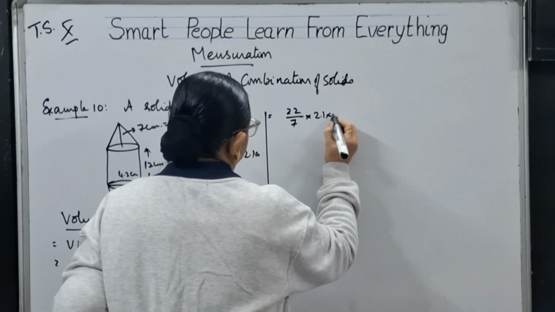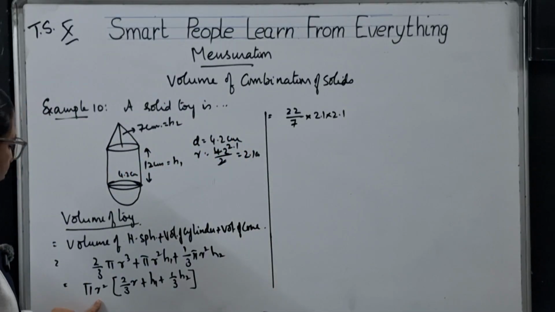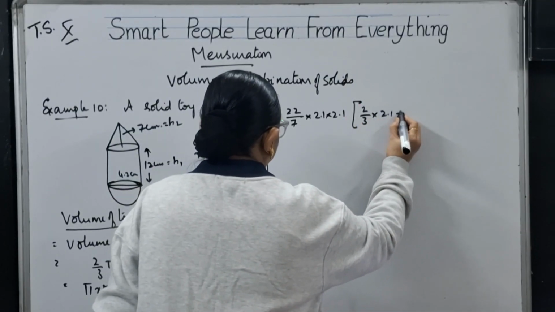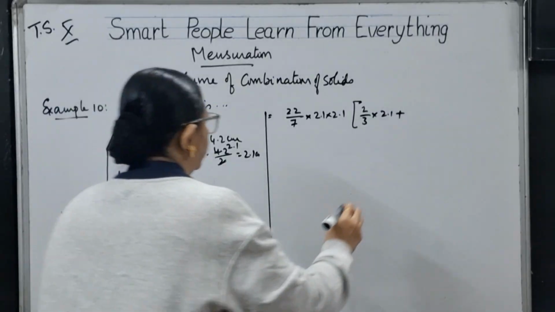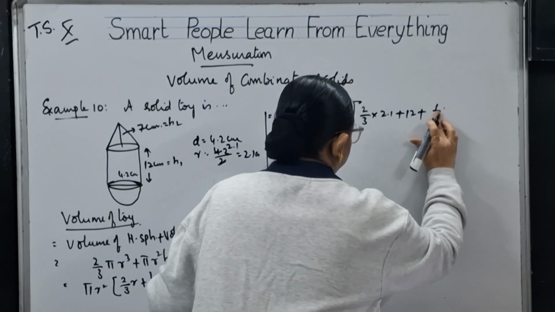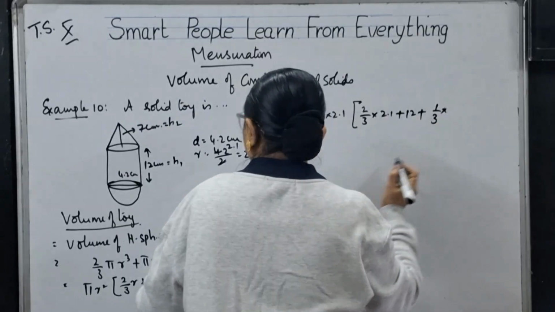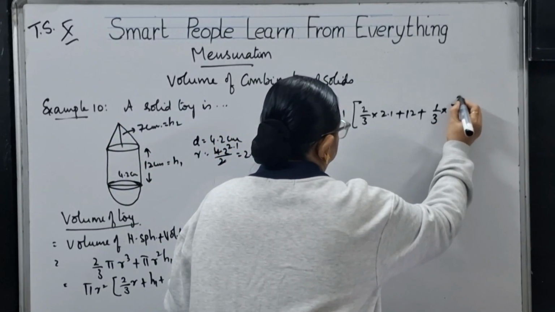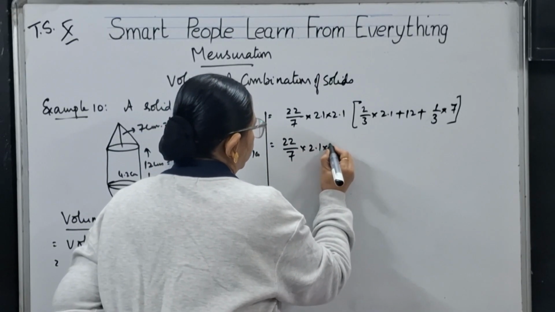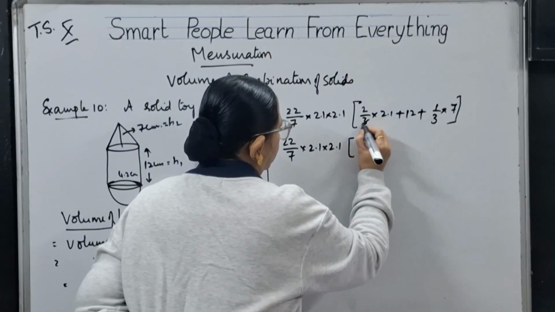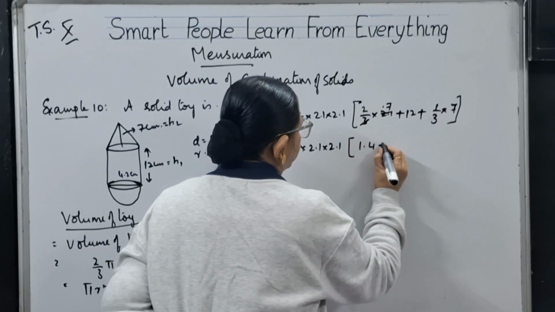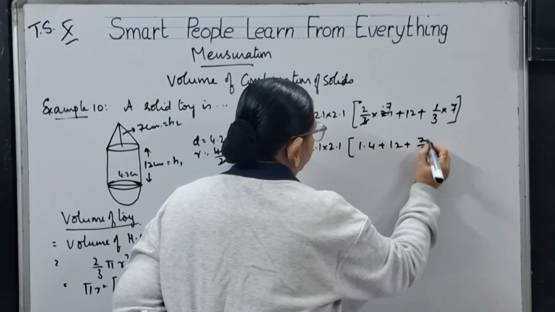So 22 by 7 into 2.1 into 2.1 into 2 by 3 into radius 2.1, plus h1 is 12, plus 1 by 3 into h2, the height of the conical portion, that is 7. 3 ones are 3, 7s are 7, 2 7s are 14, so it is 1.4 plus 12 plus 7 by 3.